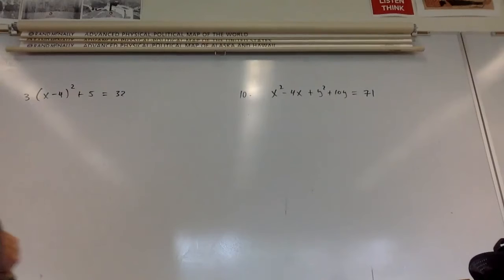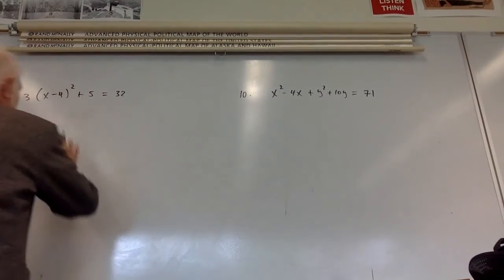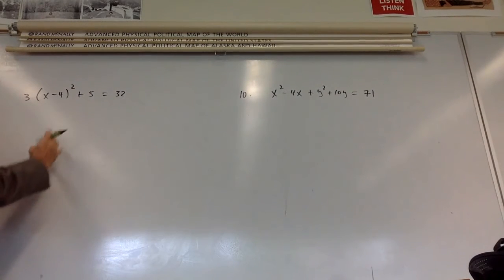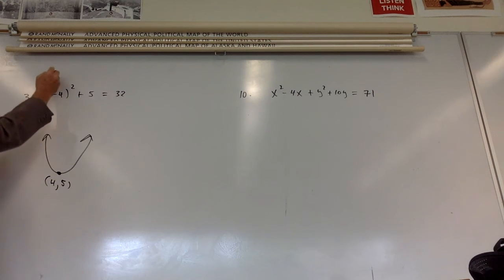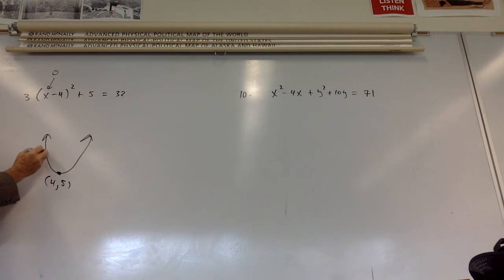Now, what if we have an equation in graphing form? We have an equation in graphing form right here. What do I see? I see a cup shape. I see 4, 5. And if I put a 0 in here, I get 53.